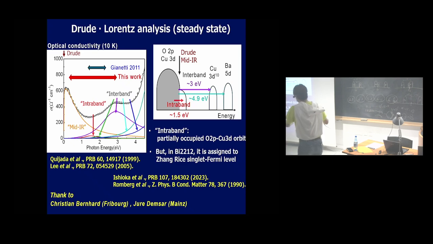Although the detailed physical assignment is still controversial, here we just use this method phenomenologically. Basically, the spectrum consists of the Drude component, a mid-infrared component, so-called interband, and several interband transitions.